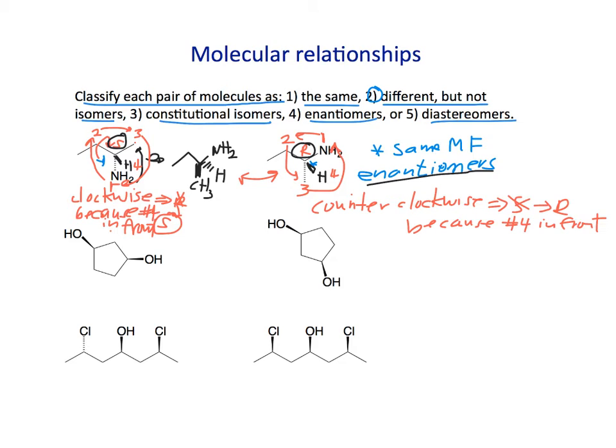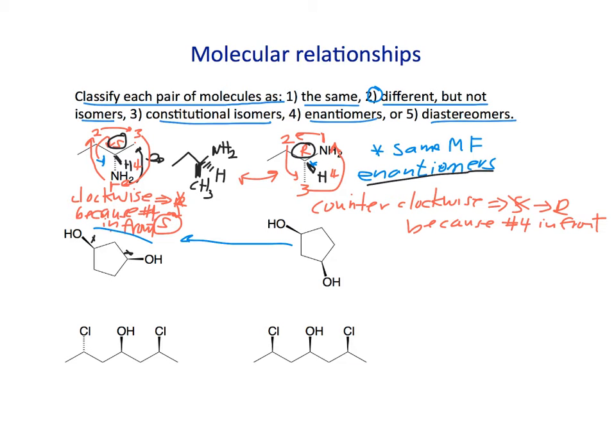All right, let's look at the next two. Do they have stereogenic centers? Yes, these molecules both have 2 stereogenic centers. In fact, if I look at those two, it looks like we could slide this one right across and they'd be lined up just like mirror images.